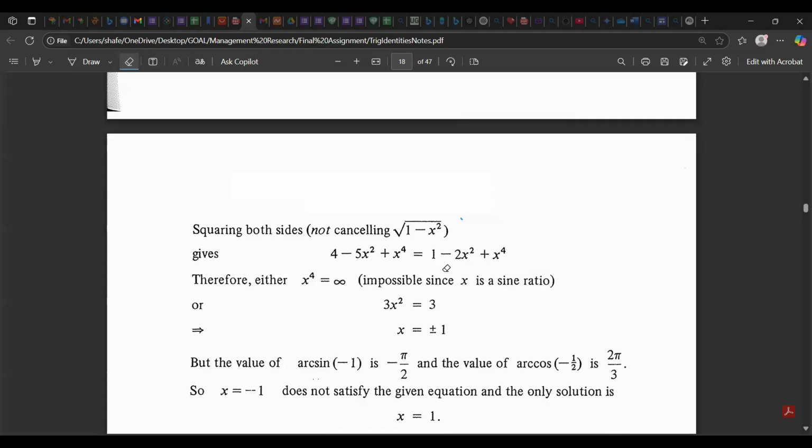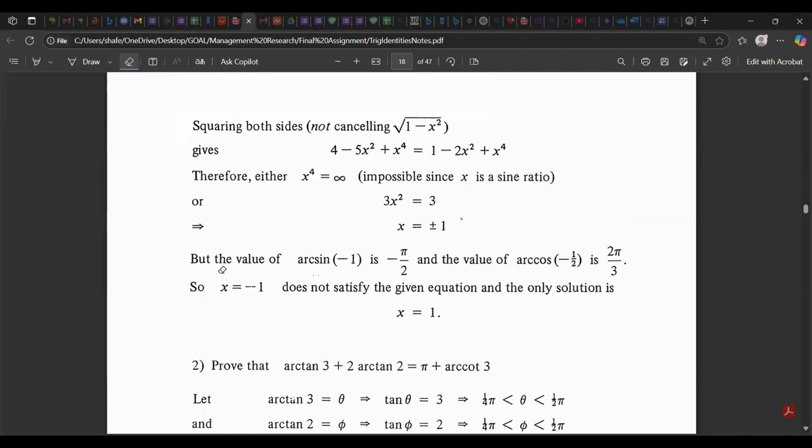If x was tan theta, you couldn't do this, right? So basically, you cancel out the x to the 4, and you end up with 3x squared equals 3, which you solve, and you get x equals plus or minus 1, right?